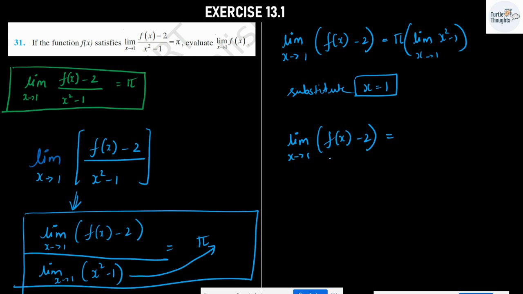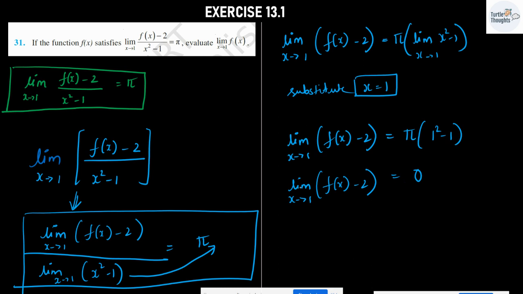I have f of x but I don't see any x. Over here I have x, so I can write this as pi multiplied by 1 square minus 1, which is going to be 0. 0 multiplied by pi is also equal to 0. So the limit of x tending to 1 for the function f of x minus 2 should be equal to 0.